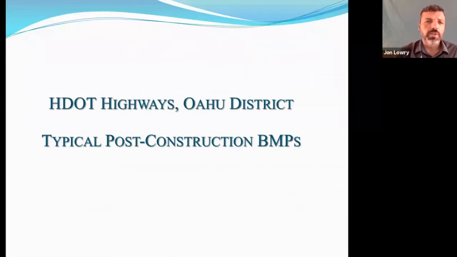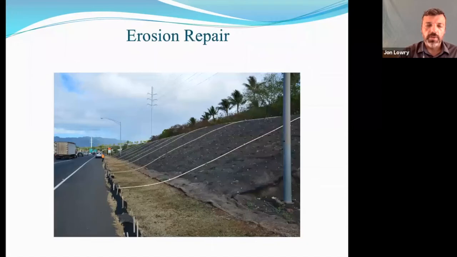So let me go through some of the typical post-construction BMPs that DOT Highways has installed. And this is kind of a good exercise. This is an erosion repair project, and here we have a combination of temporary and permanent BMPs. If you look on the slope here, this erosion control fabric is part of the permanent BMP project.